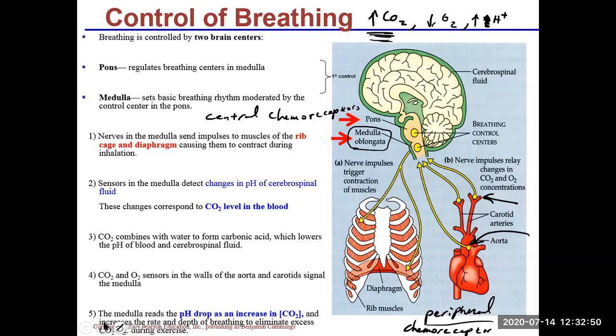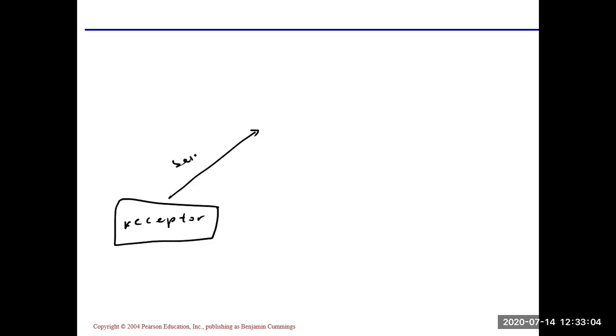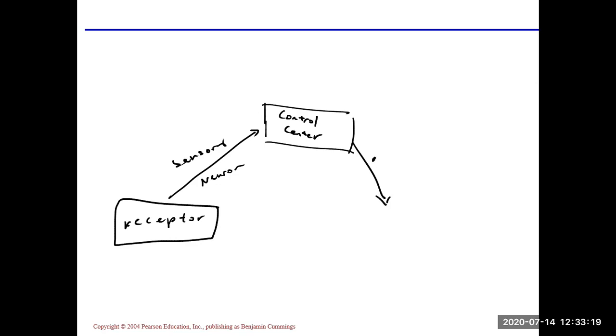Earlier in the semester, we discussed that you had a receptor, via the sensory neuron, you had the control center or central processor, and then you had the motor neuron, and then you had the effector.